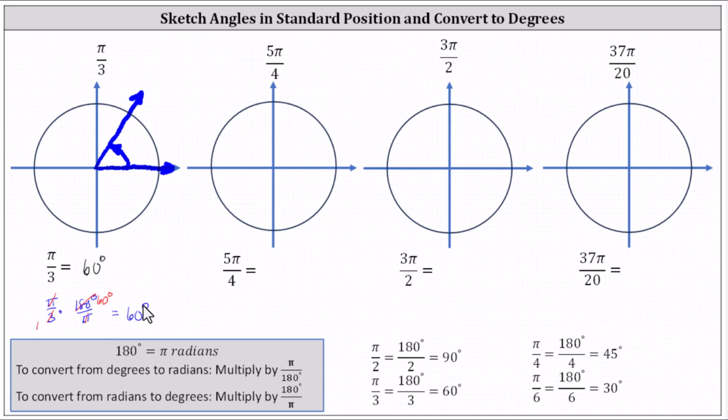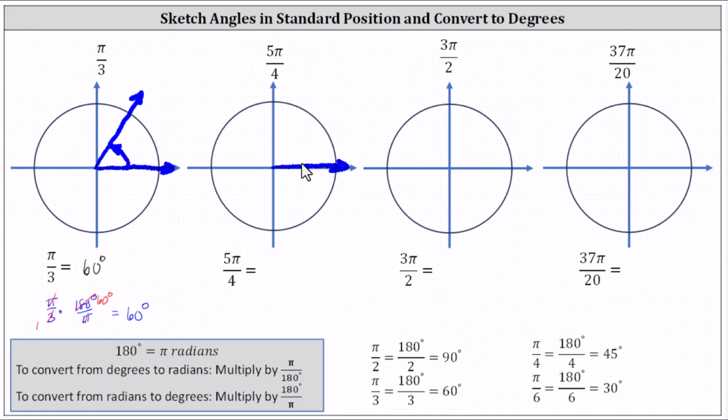Next we have 5 pi divided by 4 radians, or 5/4 pi radians. Because pi divided by 4 radians, or 1/4 pi radians, equals 45 degrees, let's count by 1/4 pi radians to plot the angle in standard position. The initial side is along the positive x-axis.